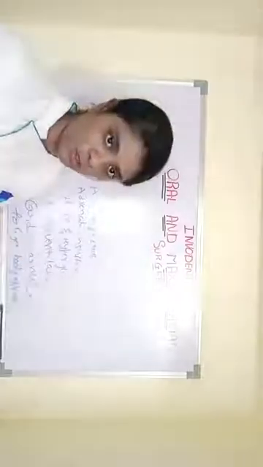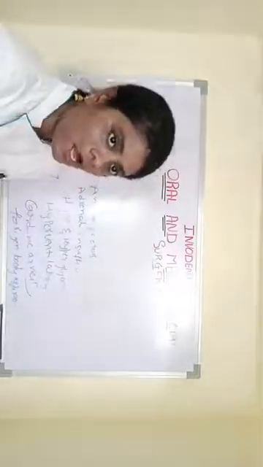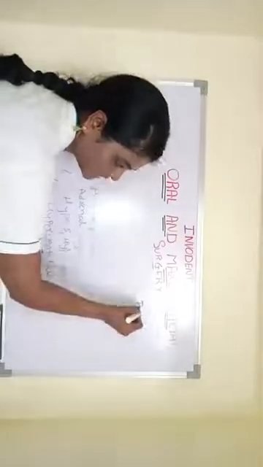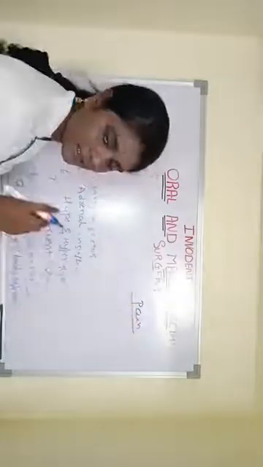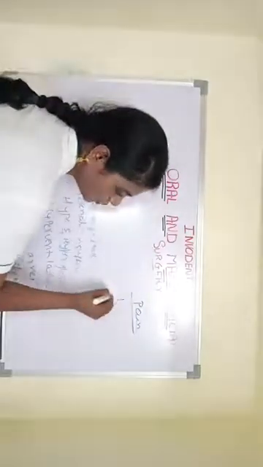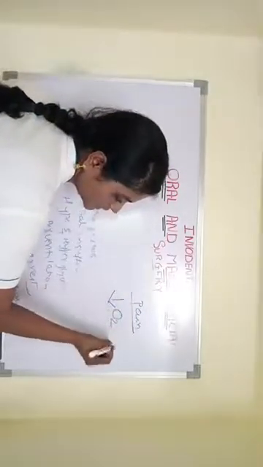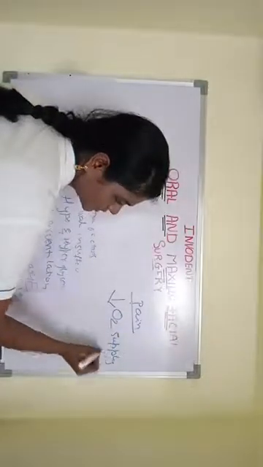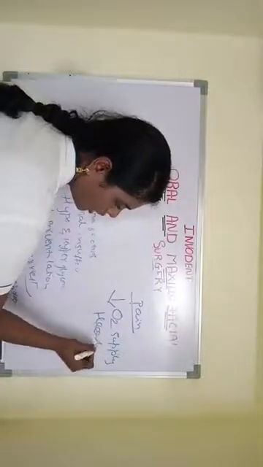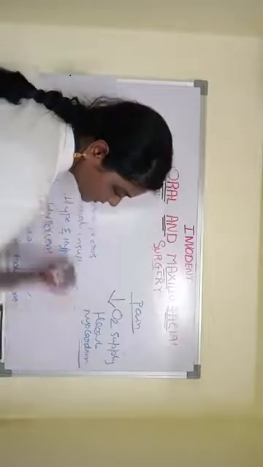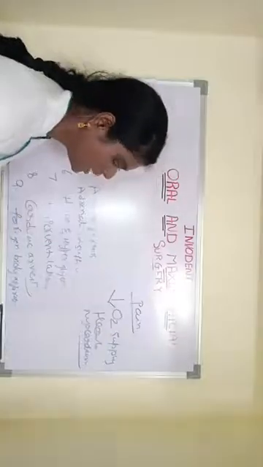Coming to angina pectoris. Angina is pain. Pain in the myocardium. Why is this pain occurring in the myocardium or the heart? Why is angina pectoris happening? Because of decreased oxygen supply to the heart or myocardium.